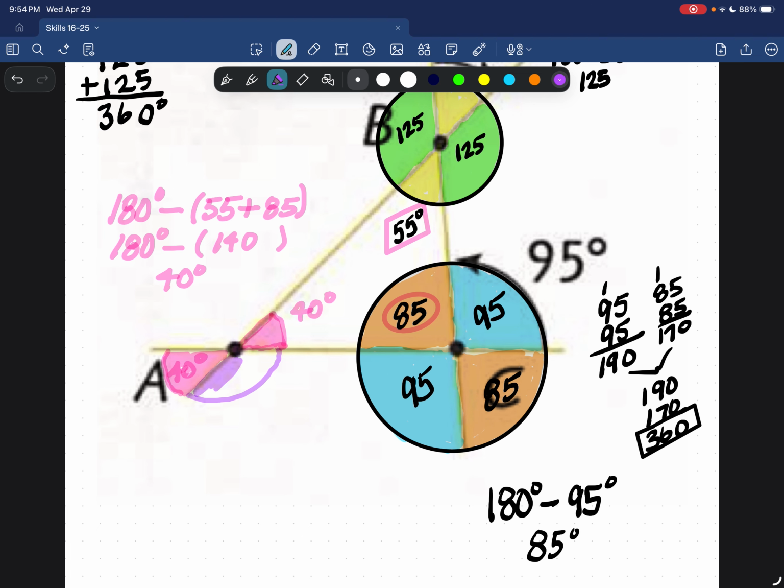What is this section going to be? It joins a 40 to make a 180. So this is a 140. And this is a 140 as well. So by knowing the rules about bow ties and the rules about triangles, you can do these problems.